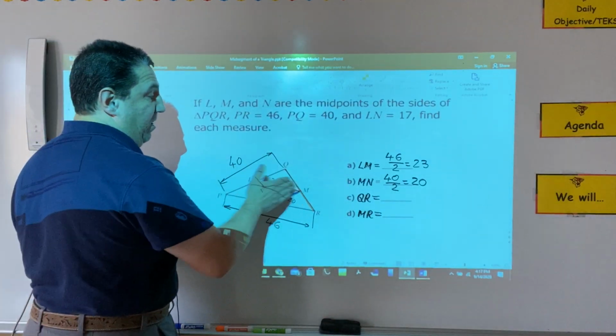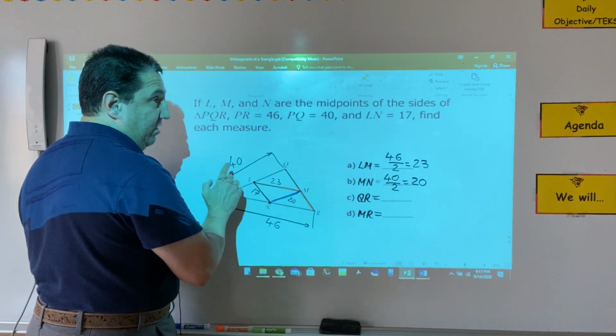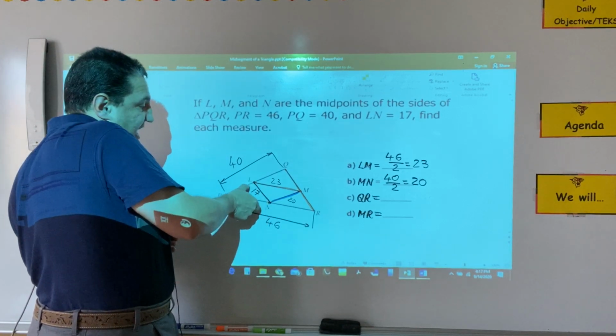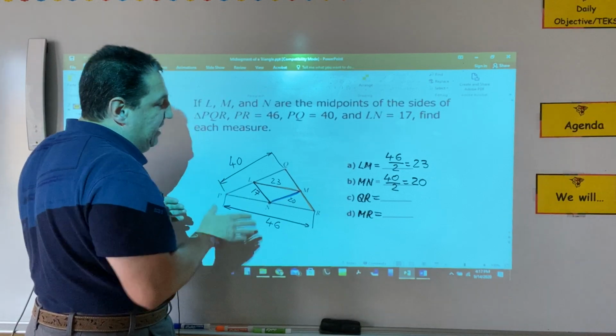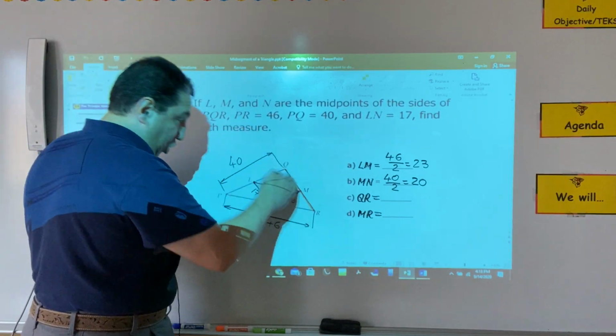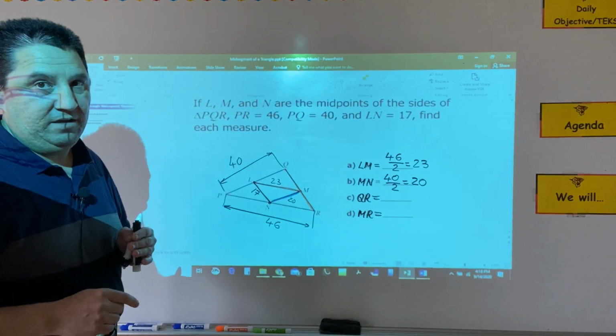What is the corresponding mid-segment for this side? It is LN. As we can see, L and N are the midpoints of these sides, right? So LN is another mid-segment and is parallel to the third side, which is QR, and is half of this side.